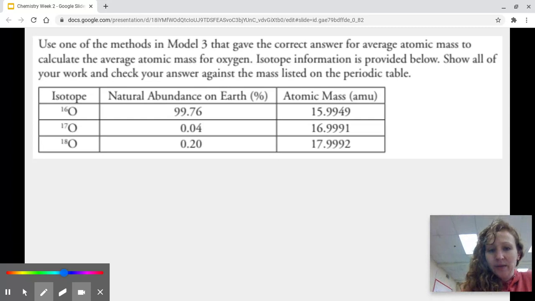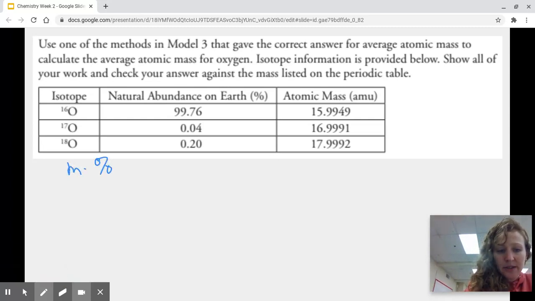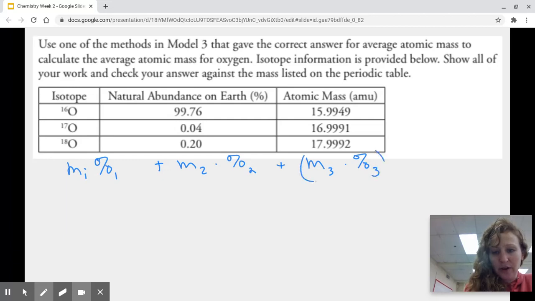All right, so I am going to take the mass times percent abundance for the first isotope plus mass times percent abundance for the second isotope plus mass times percent abundance for the third isotope. That's the format that I am going to calculate the weighted average with.